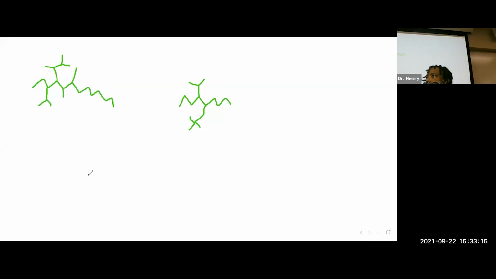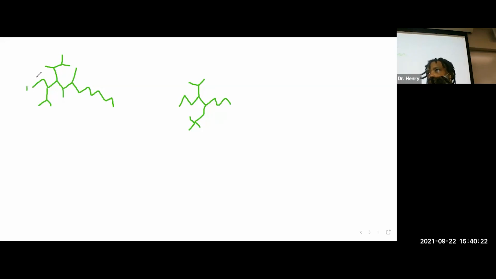I know it looks like one long line. Let's go with the first one. What is the largest carbon chain? So try decane. Okay, so where would I find that at? Okay, right here.